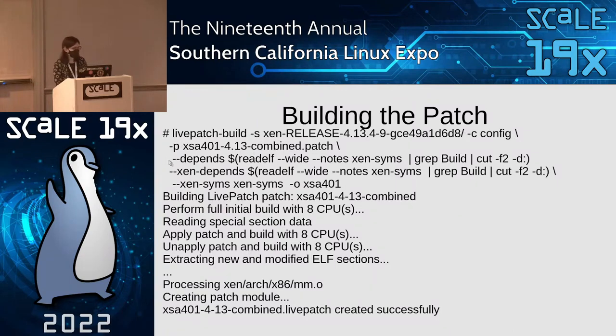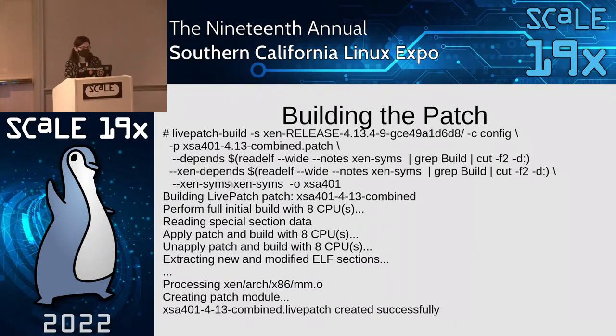Then, because in Xen, when you stack live patches, it wants to do a safety check to make sure that you're stacking the patches as expected, you'll give it a path to a dependency that will either be your previous live patch or Xen itself. So here I'm giving the build ID just of Xen itself. There's a similar check for the build ID of Xen with this Xen depends.